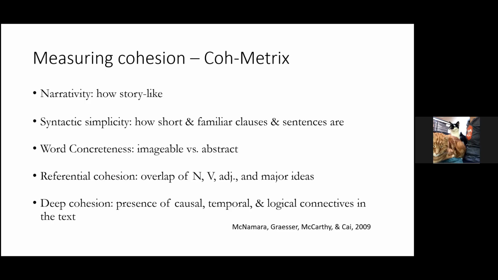However, once you get to a certain point of really strong cohesion and the writing is making all the inferences for you, the reading comprehension actually starts to go down a little bit. So that's that curvilinear line.